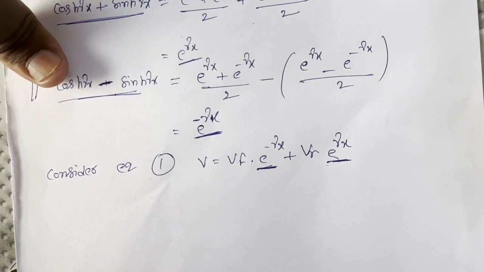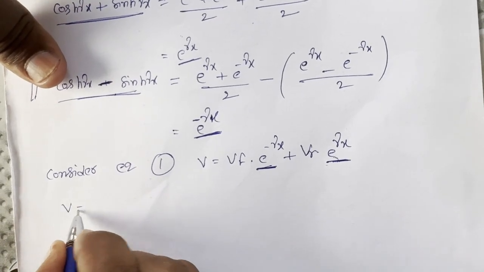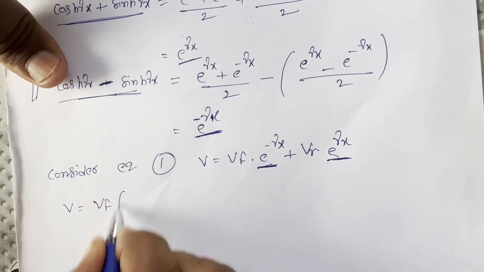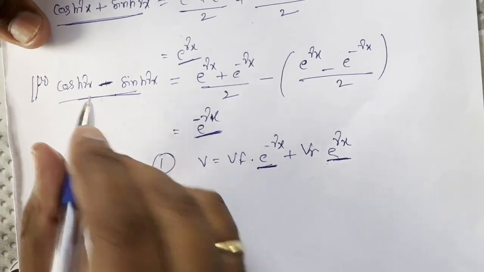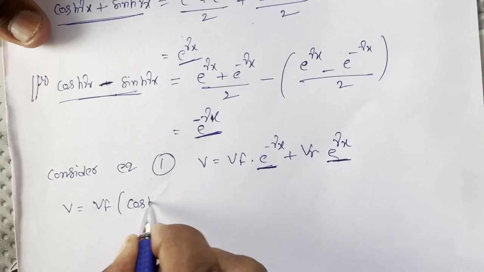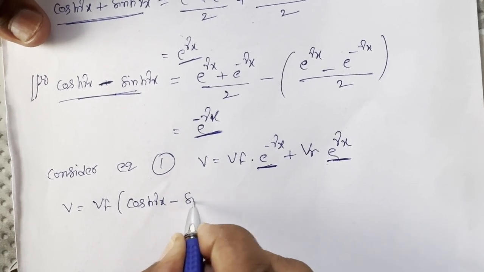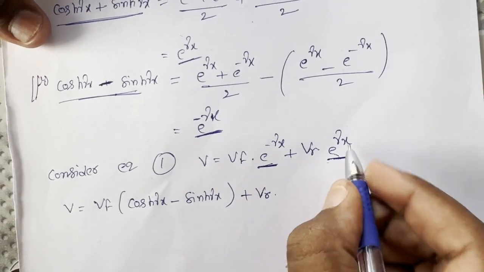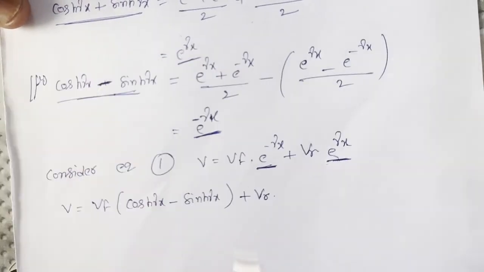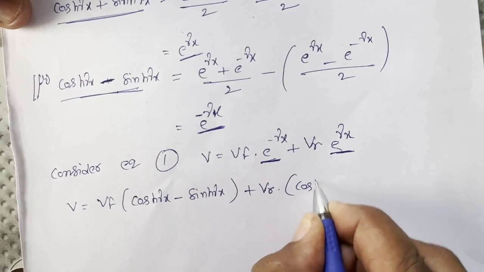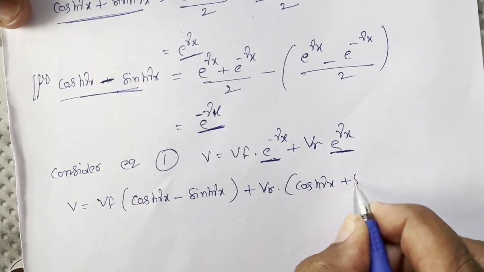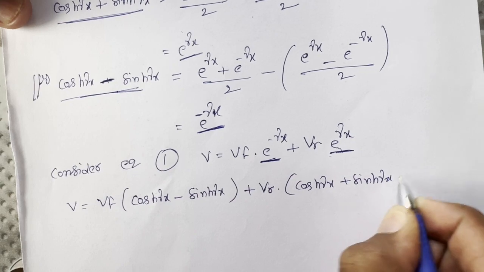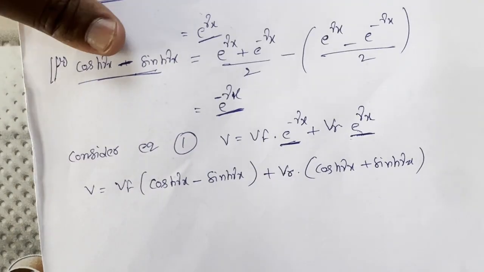Then V equal to Vf into cosh gamma x minus sinh gamma x plus Vr into cosh gamma x plus sinh gamma x. Those are the two values I am getting.